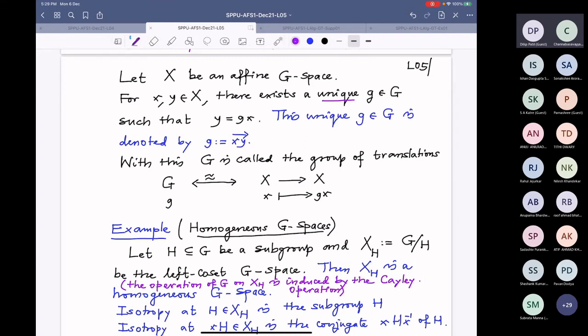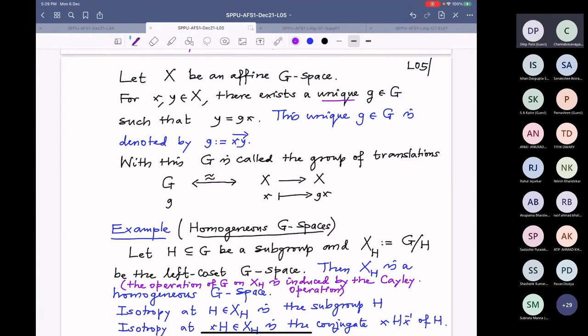Suppose you have an affine G space and two points in X. Elements of X are also called points. So x and y. Then we know, because it is affine, it means transitive and simple. Therefore, you can find a unique element g in G such that y is gx.